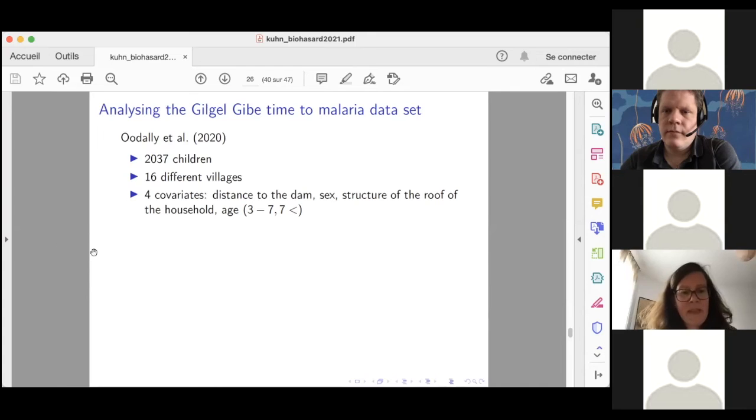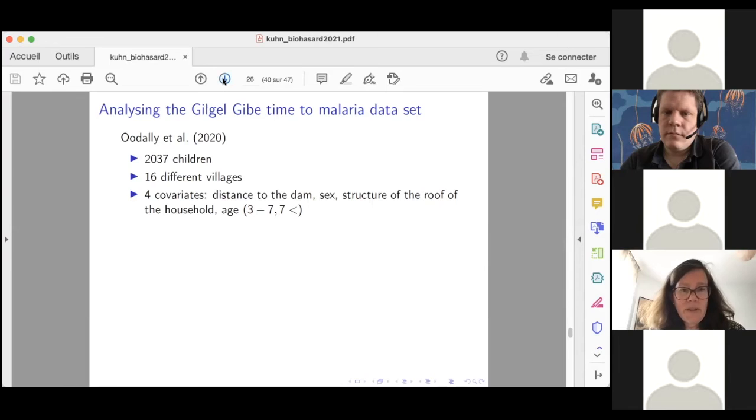And the age of the children, with two modalities: age between 3 and 7 and age more than 7.